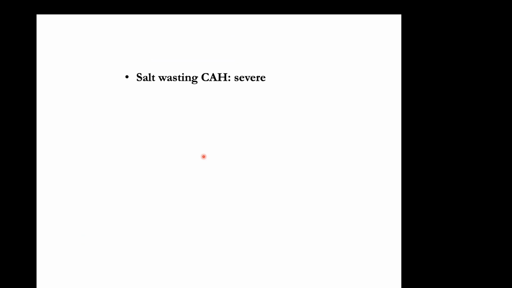Let's see what will happen. There may be three different presentations. The most severe of them is also known as salt wasting congenital adrenal hyperplasia, in which there will be very low blood pressure in the patient, and multiple cardiogenic shock episodes used to occur in those patients because the patient is severely lacking mineralocorticoid synthesis, and there is a very low level or absence of mineralocorticoids in their blood.